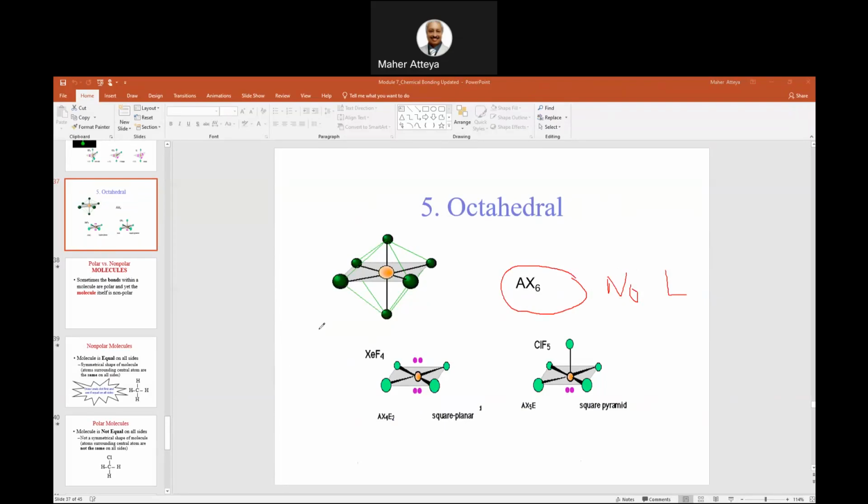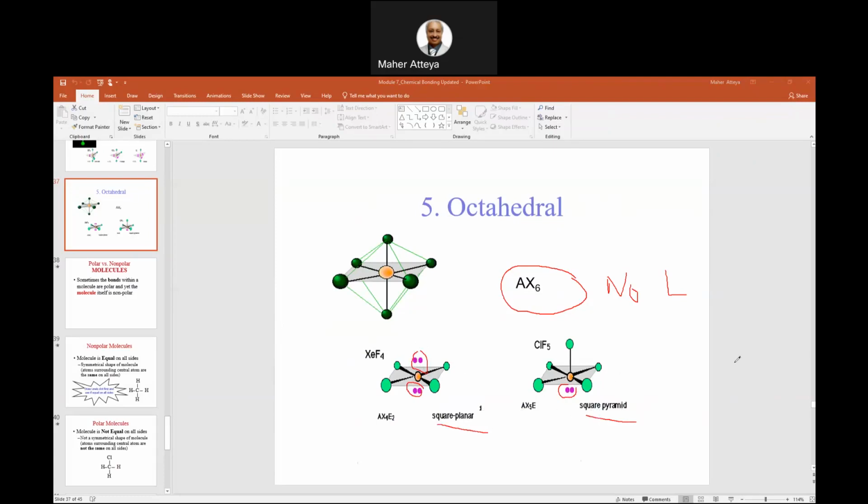But you have some exceptions. You can replace it. You can replace two of the lone pairs here, correct? You can replace one lone pair. So if you replace two of them, you get square planar. If you replace just one, you get square pyramid. If you replace three, then you have linear.